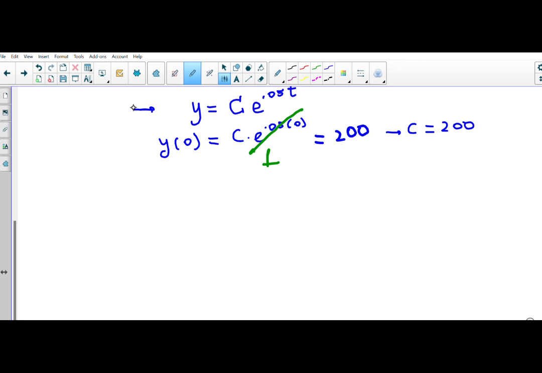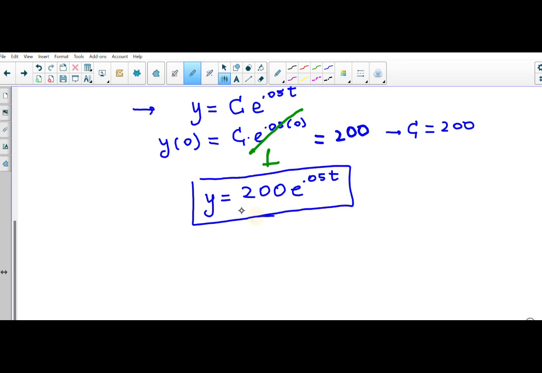So take this equation and go ahead and plug in your c value. So y equals 200. Here, all of them are the same constant, but I'm using my fancy c here. Okay, so y equals 200 times e to the 0.05 t. So that is the function that represents the population size at any time t.